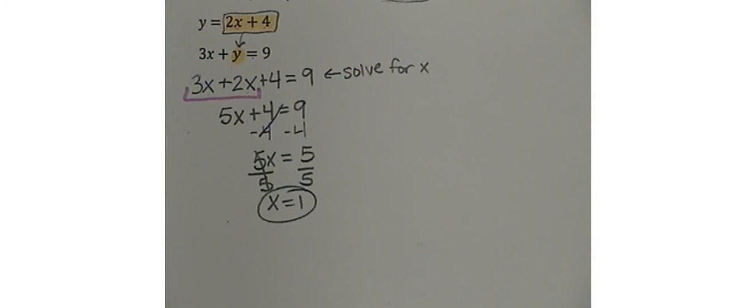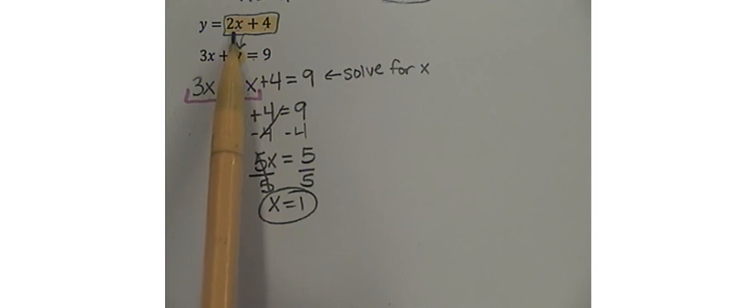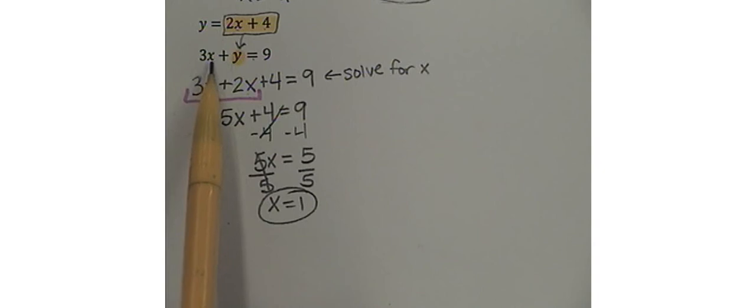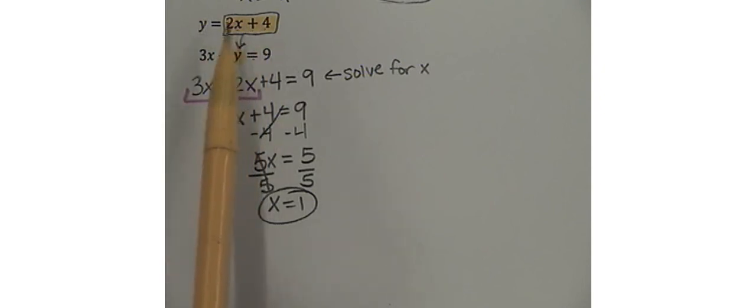So step 3, I want to substitute this answer into any equation. So I could plug it in here for x in order to find my unknown, my y. Or I could plug it in here for x to find my y. It doesn't matter. But I'm going to work smarter, not harder, and I'm going to pick this first equation because this looks simpler or easier, less work for me.